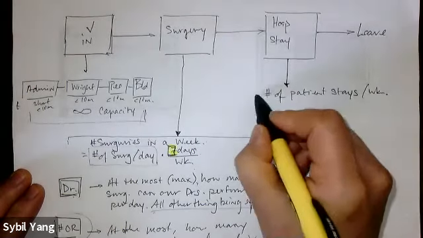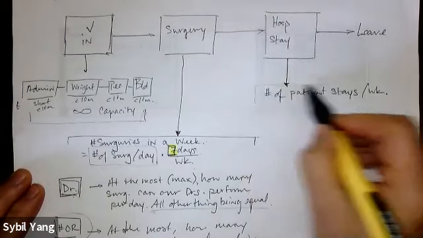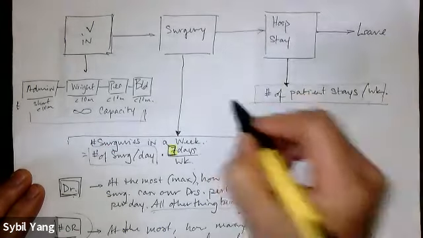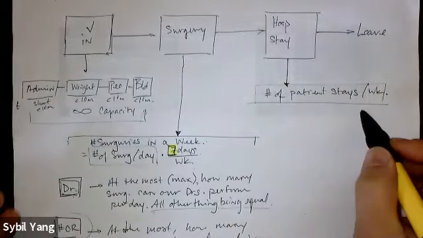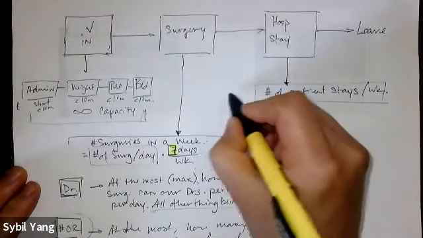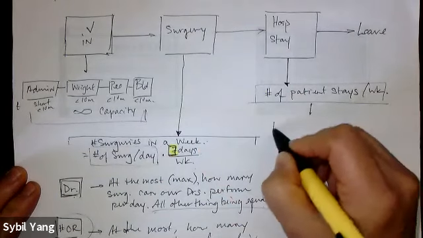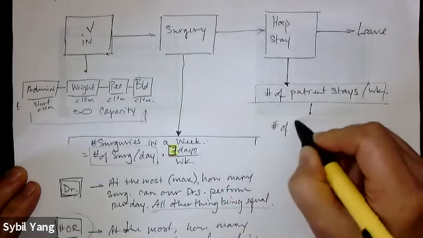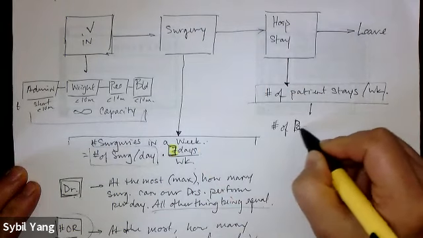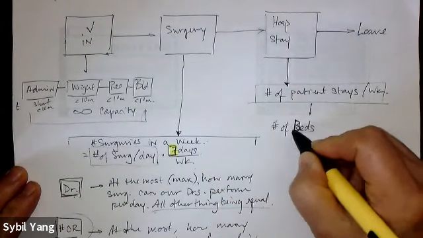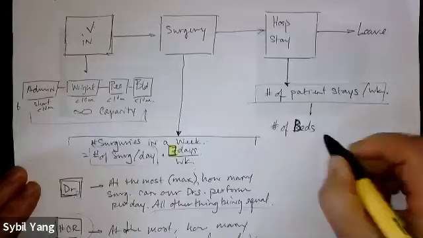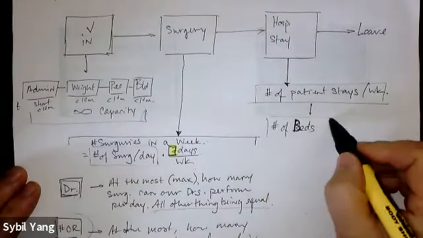And we're going to assume that the number of rooms, I'm going to say actually number of beds, is going to be the constraint.